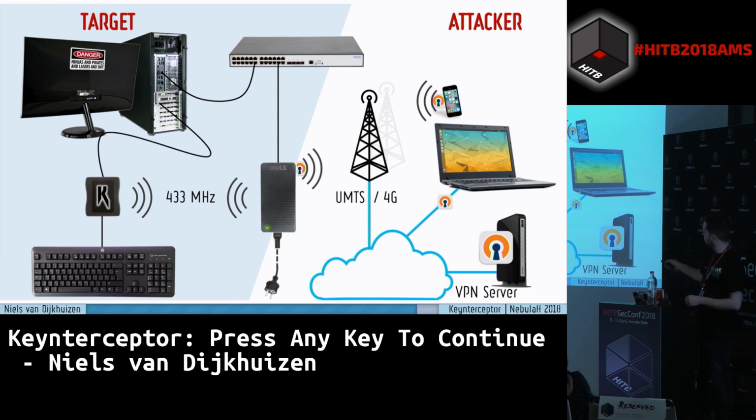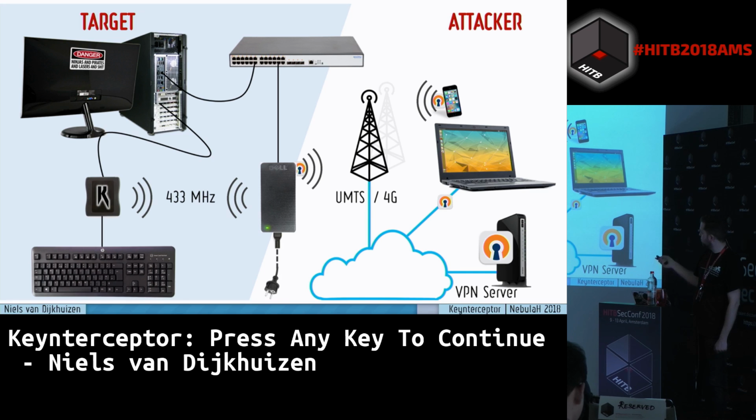Here we have the target, let's say an office building. One places the Keynterceptor in between the keyboard and the computer, or has a keyboard prepared with it inside the keyboard itself. We have the power adapter that can communicate with this device.